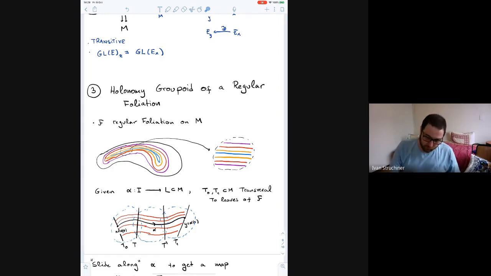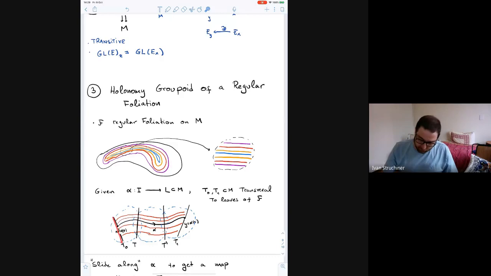If you look locally in the neighborhood of a point, the regular foliation just looks like the foliation of R^n by k-planes, right? It's flat. And then, since locally it's flat, if you have a path alpha which is inside one leaf, you can break this path into small pieces which are inside these neighborhoods which look very flat.